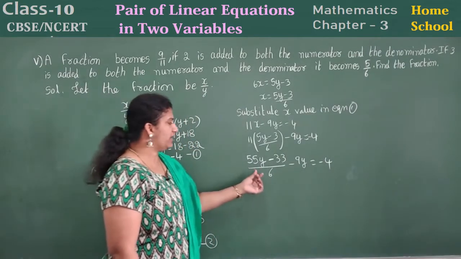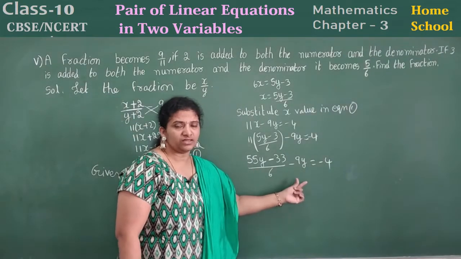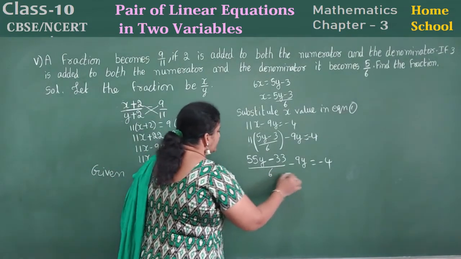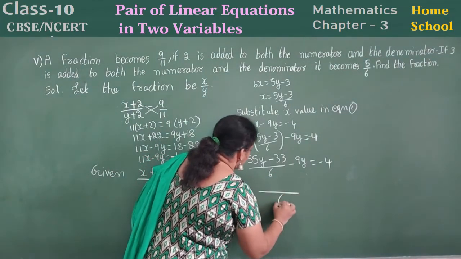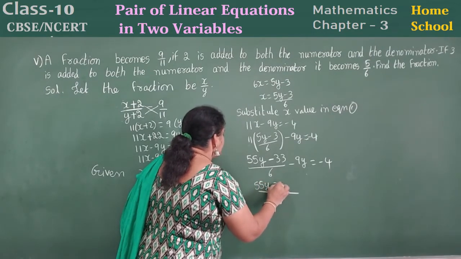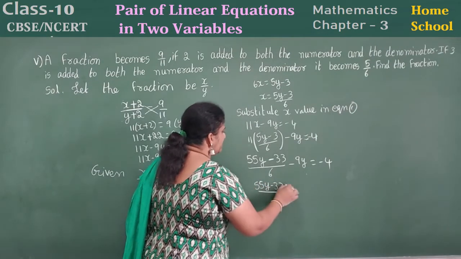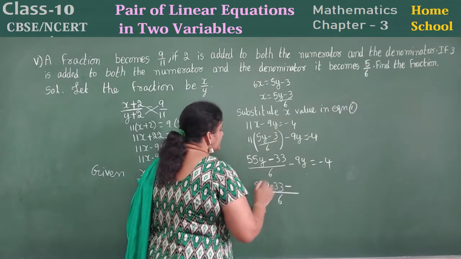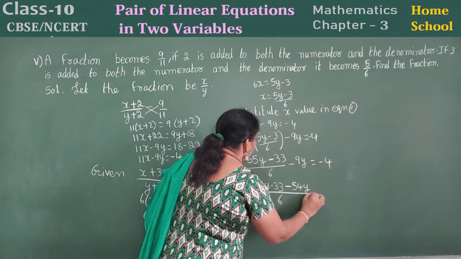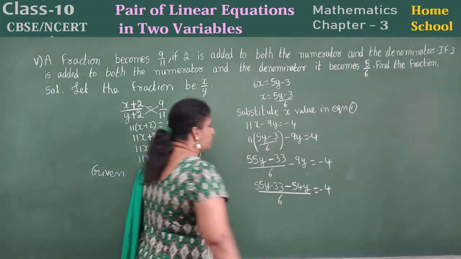Okay, so now again do the LCM. It's not complete, still we need to do the LCM. 6 and 1 LCM is 6. 55y minus 33, as it is, minus 9 6s, 54y is equal to minus 4.